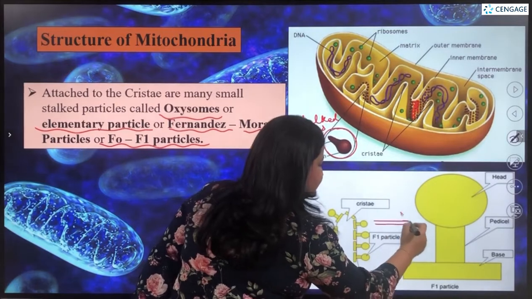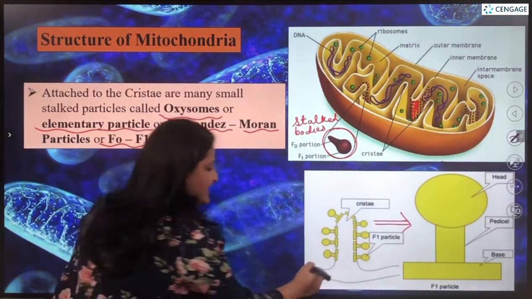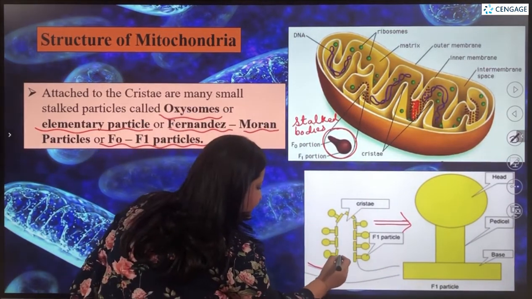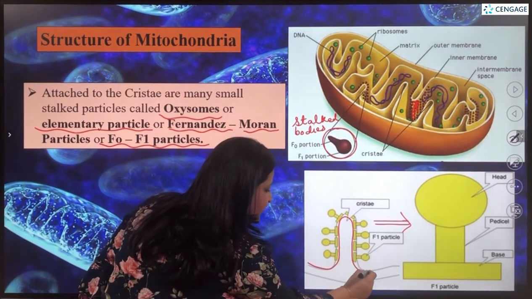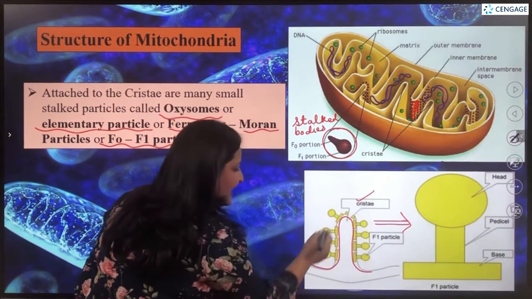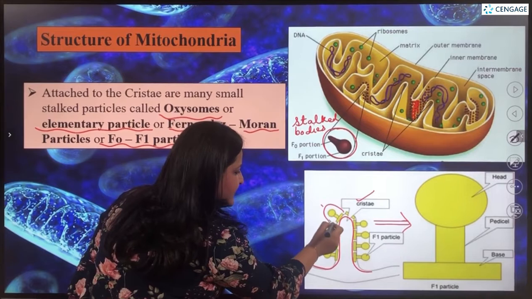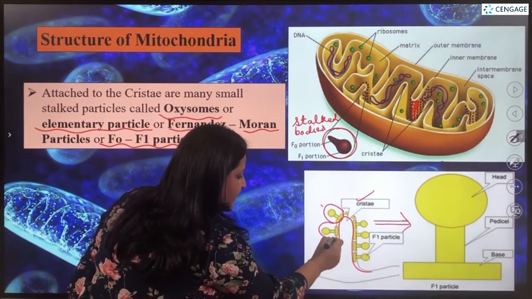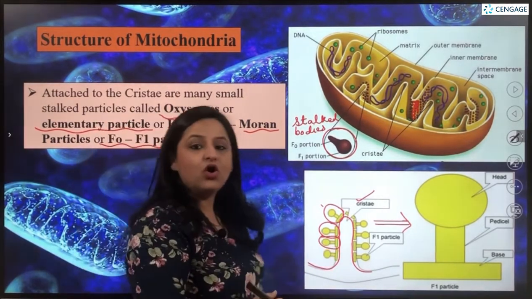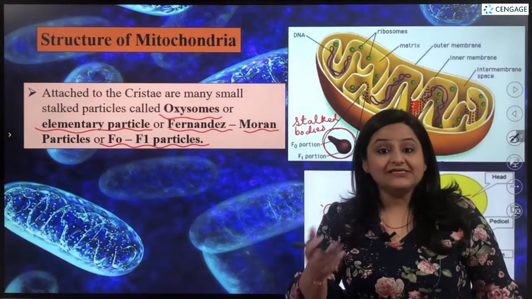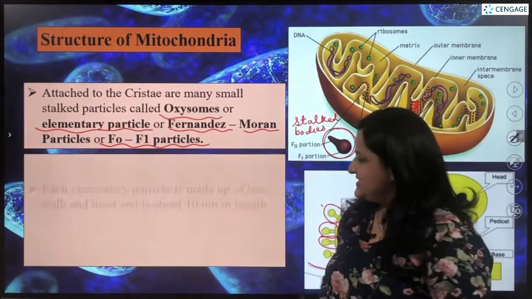We can see this is the inner membrane. This is the infolding of the inner membrane, which is known as the cristae. And attached to the cristae are these structures known as the F0, F1 particles, also known as the oxysomes. So let's study more about these oxysomes in detail.